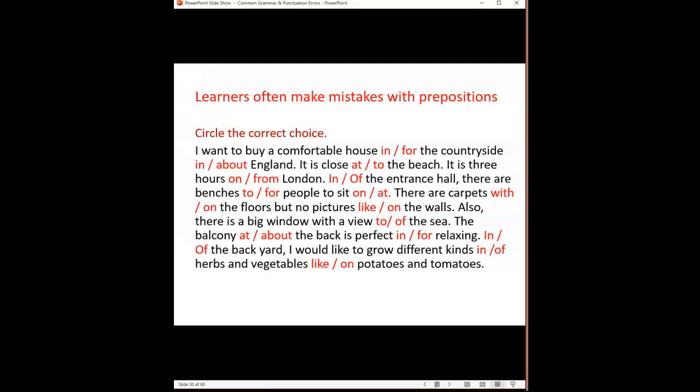Okay. The entrance hall, can I say in or of? In the entrance hall, there are benches, people to sit. Okay. There are carpets with or on the floors, but no picture, the walls. Okay. So on. Also, there is a big window with a view the sea.